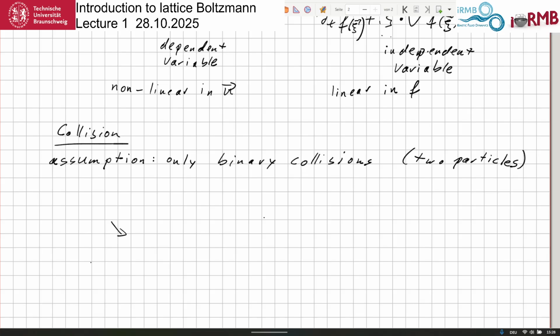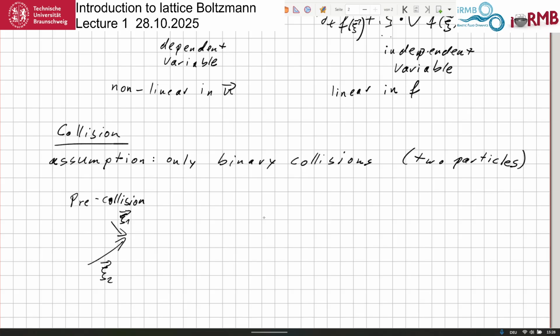Suppose there are two particles coming this way and this way. We call this state pre-collision, because they have not yet collided. The first particle comes in with the velocity c1 and the second particle comes in with the velocity c2.